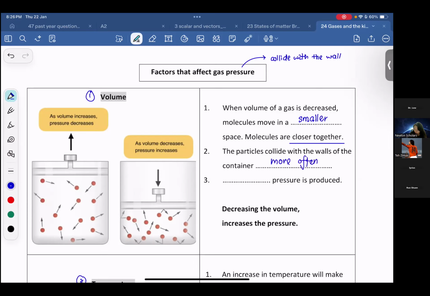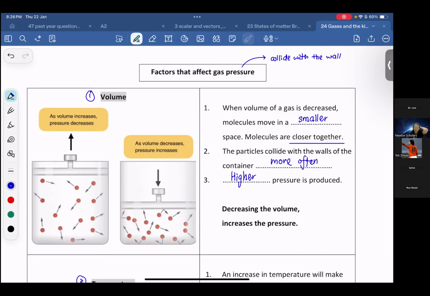They will collide with the wall more often. More collisions, just now we mentioned, if you collide more, of course, you will get a higher pressure. So volume decreases, higher pressure.